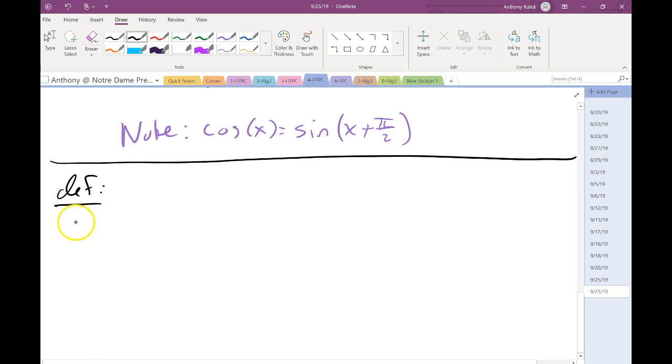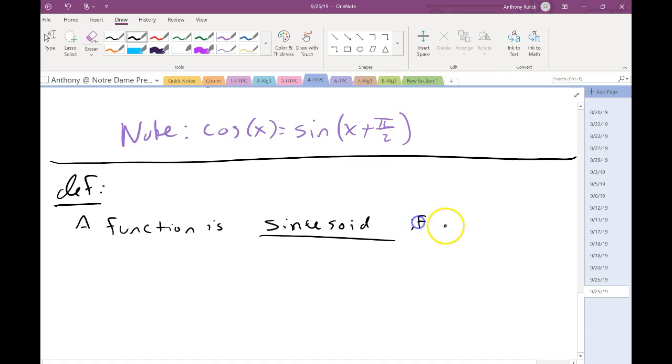Another definition. So this word is called sinusoid. That's a U, sinusoid. Just like it's pronounced.